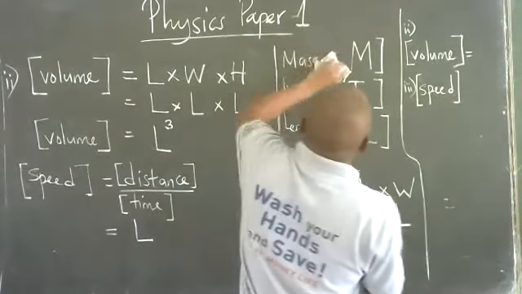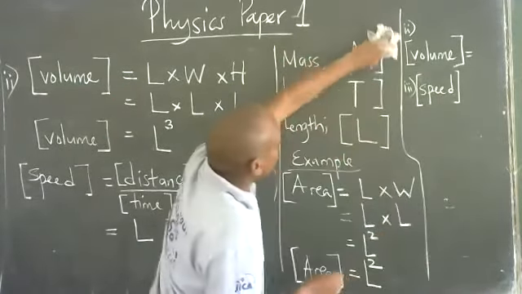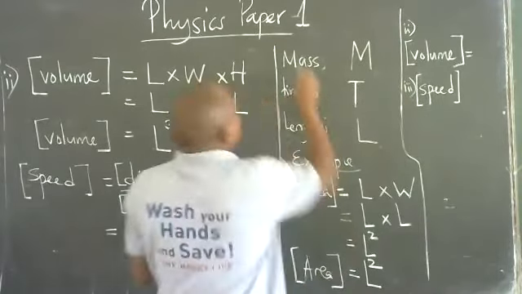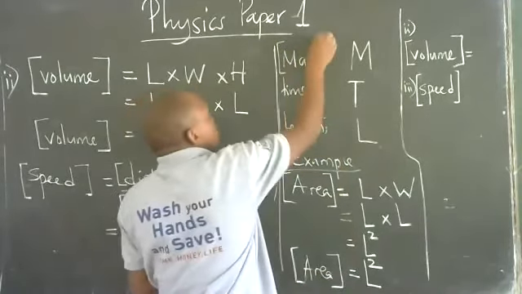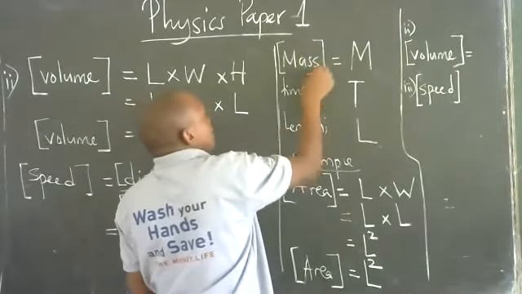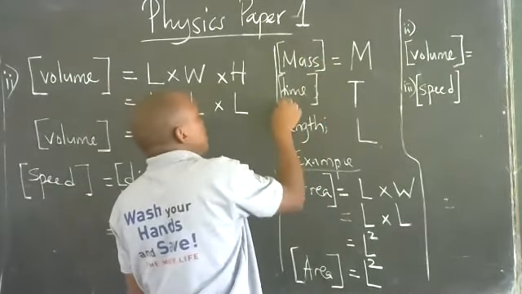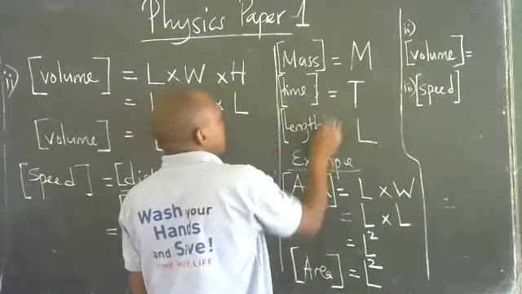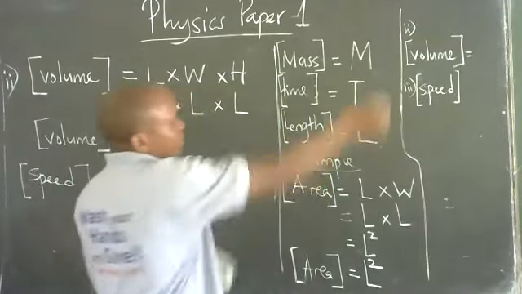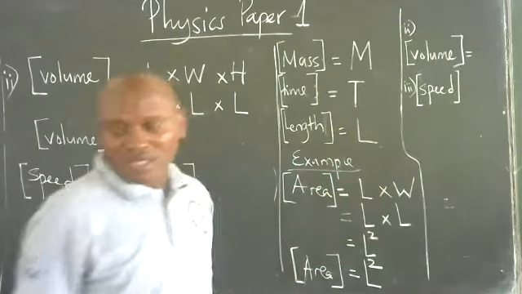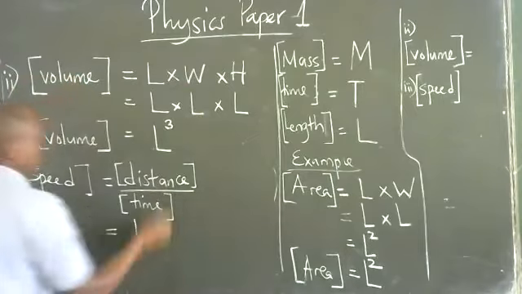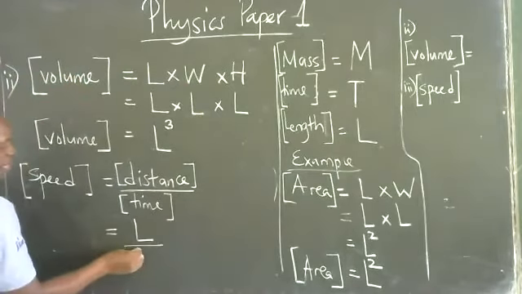I should have written it like this: dimensions of mass are equal to that, dimensions of time, and then the dimensions of length. This is the right way, and not the other way around. Okay. L is the dimension for distance. The dimension of time is T.